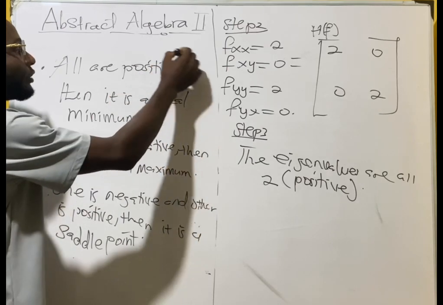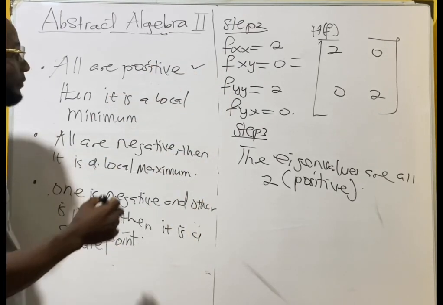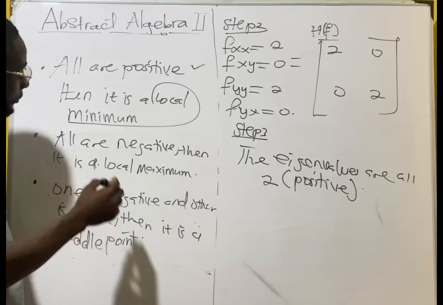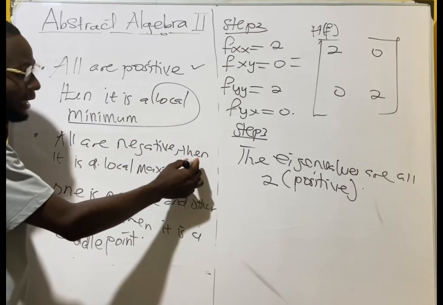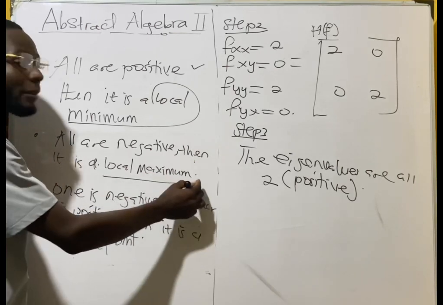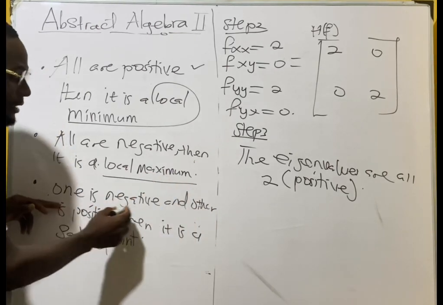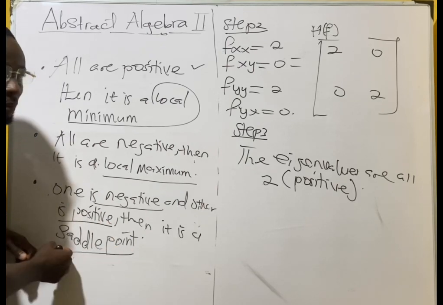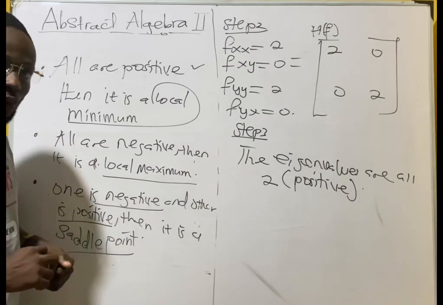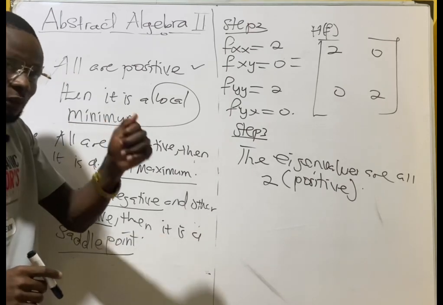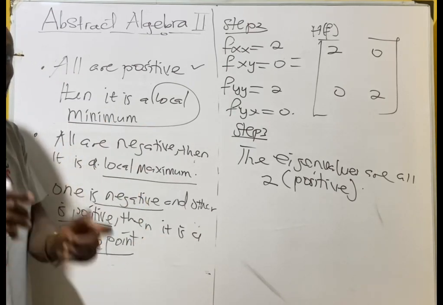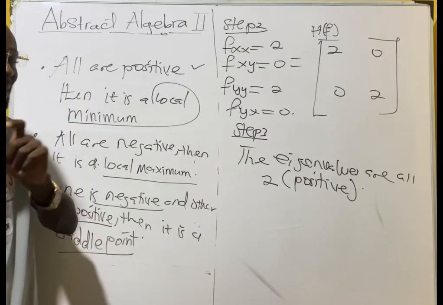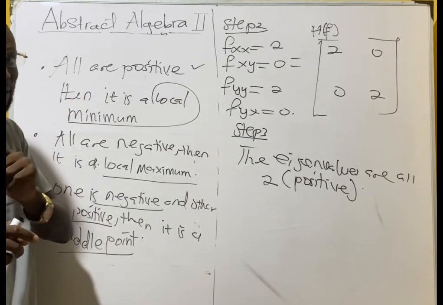If all eigenvalues are positive, then it is a local minimum. If all eigenvalues are negative, then it is a local maximum. If one is negative and the other is positive, then you can talk about saddle point. And also, if one is 0 and the other is non-zero, you cannot determine whether it is maximum, minimum, or saddle point.